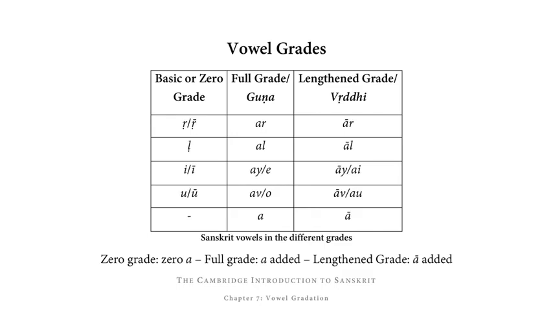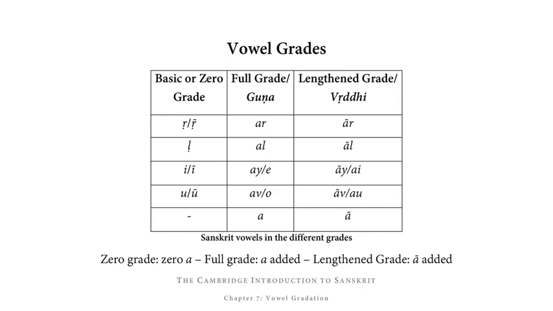The lines for i/ī and u/ū, which give us ai, e, av, o, āi, āv, au, respectively, as you can see, are a little complicated, so we'll look at these in just one second to understand what's going on there. And finally, in the bottom line of this table, we have nothing, a, which is basically the system of what's going on in the lines above.